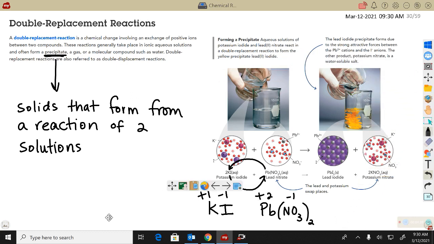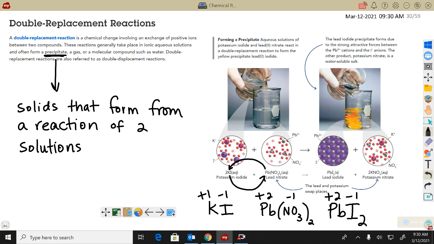Often the charges stay the same from one side to the next, but again, the ions are just with a different partner. So now I'm going to have the lead with the iodine. And so it's a +2 -1. That's why there's two iodine now. Or when I have potassium with nitrate, it's +1 -1.